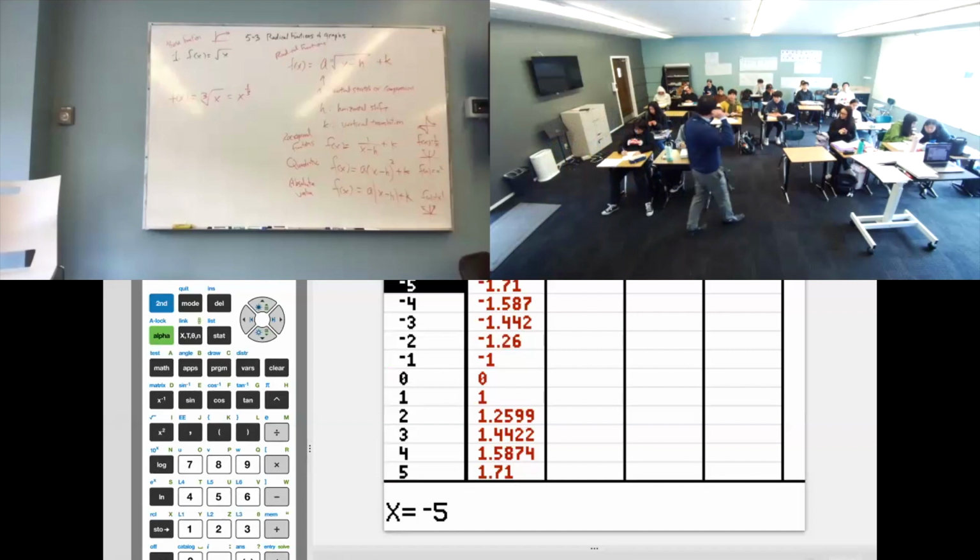Well, you cannot have the square root of a negative, but it's not a square root. It's a cube root, and cube root doesn't have that restriction.